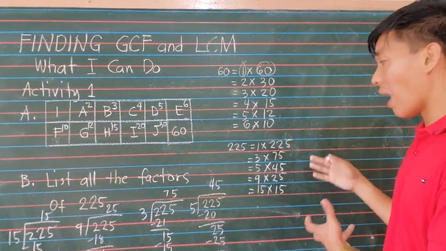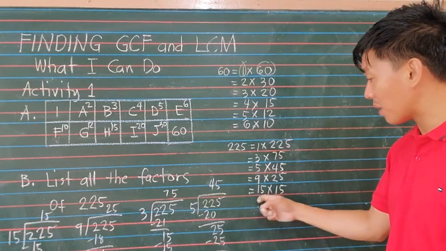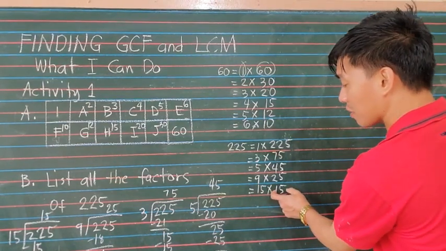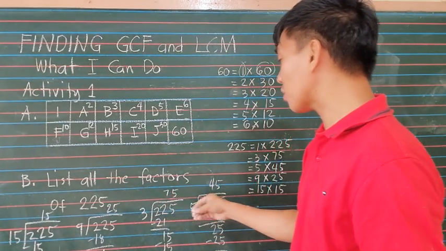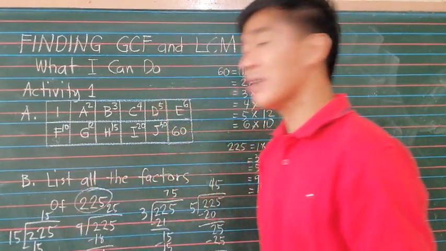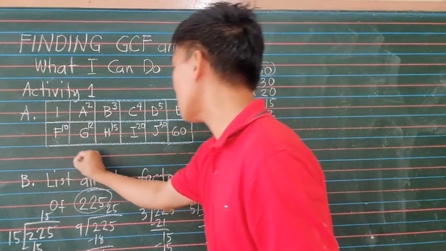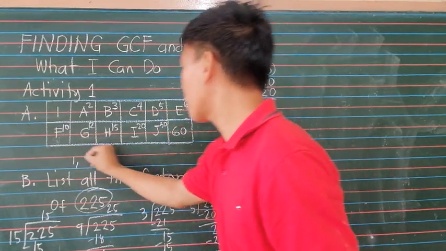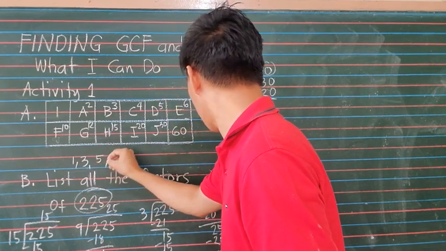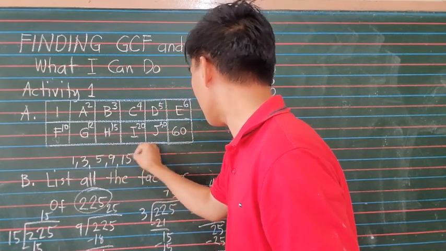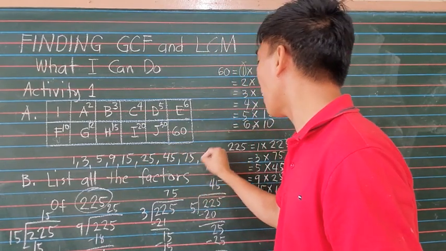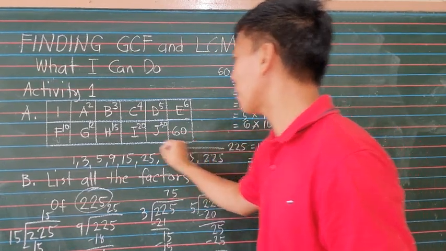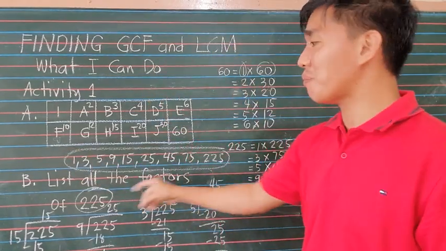So this is already now complete because 15 is here and also here. So therefore, the list of the factors of 225 are 1, 3, 5, 9, 15, 25, 45, 75, and 225. This is the answer for letter B.